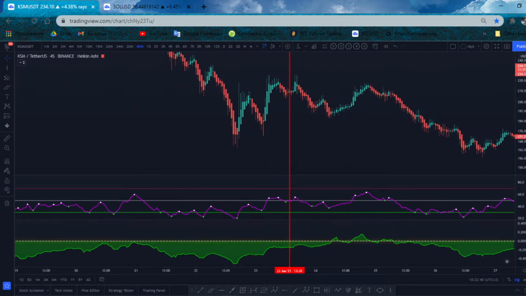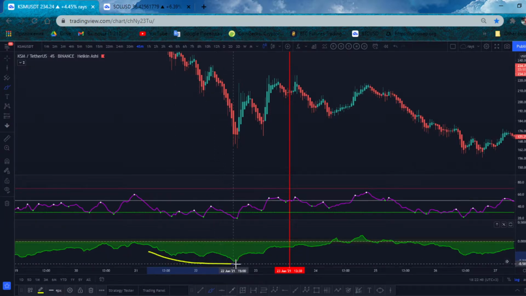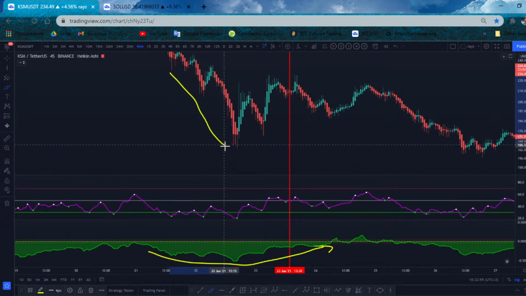What's going on here? We see that the money comes from a downtrend, and the money flow starts to curve to the upside right here. And yes, the price action is following.